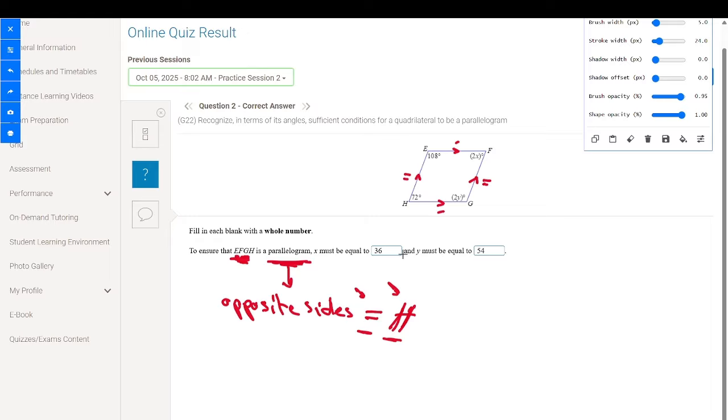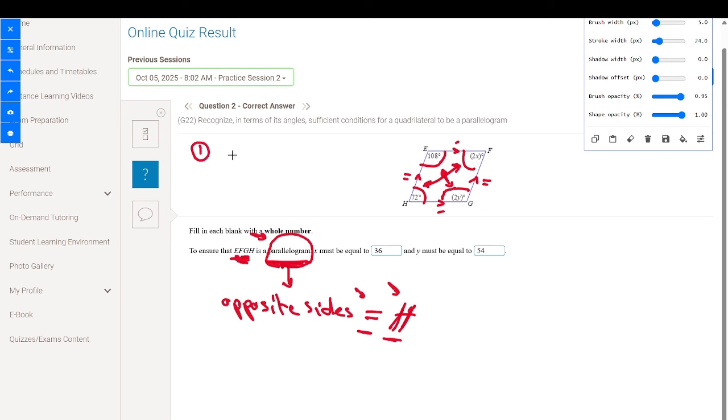Now this is from the length. What about the angles? Opposite angles are also equal. And this angle would be equal to this angle. So when we get any question where we say a parallelogram, we have these things.